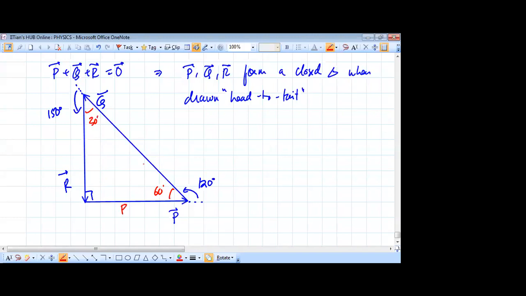So the ratio of P, Q and R has to be such that P is to Q is cos 60, which is 1 is to 2.